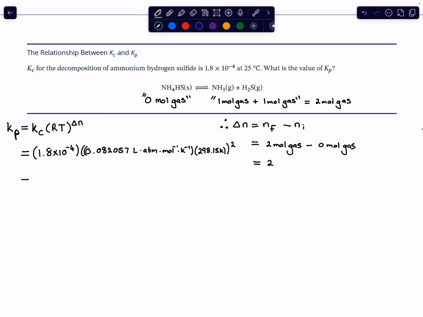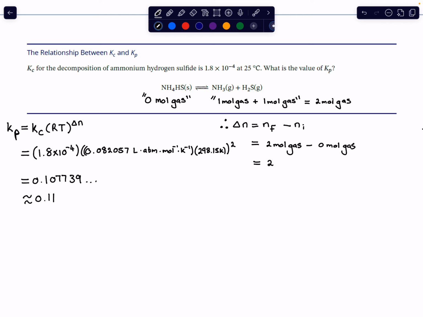Before I rounded, I got 0.107739 and a bunch of numbers. Looking at the 2 significant figures in 1.8 and 25, we round to 2 significant figures, so we get 0.11.